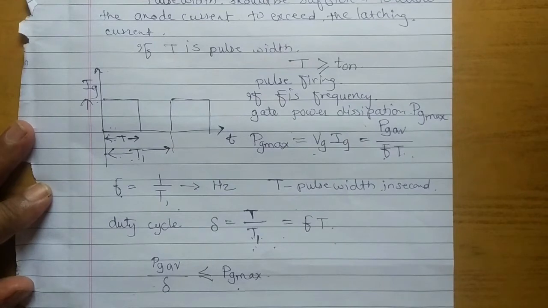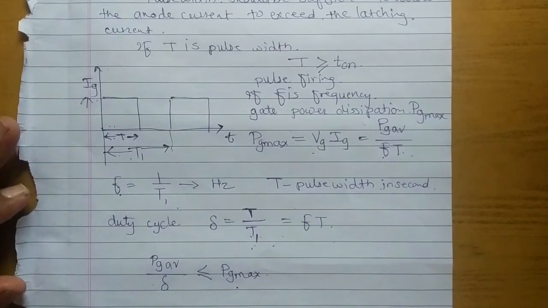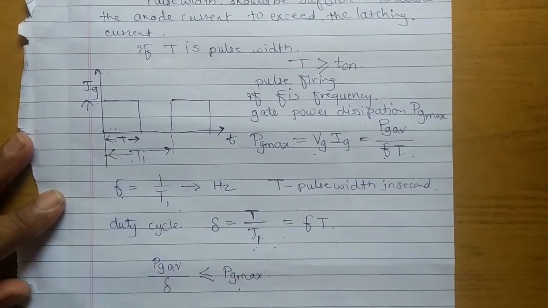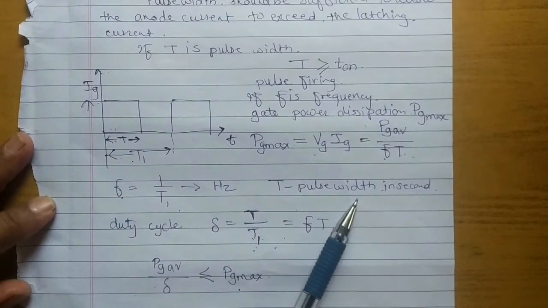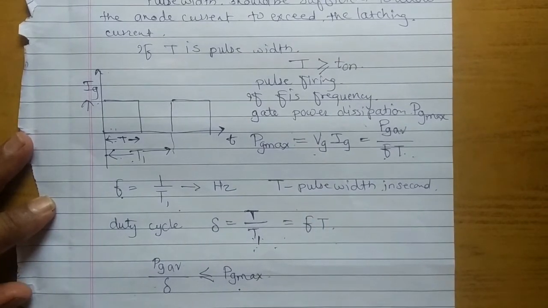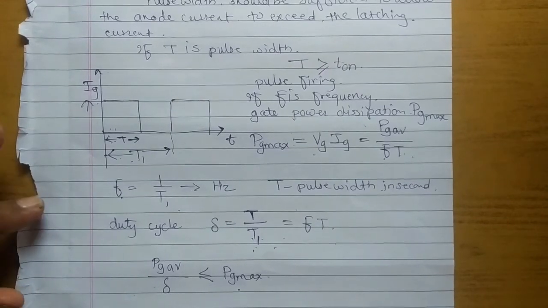So while designing the gate triggering circuit, we have to take into account the frequency, time period, pulse width, etc., and at the same time gate power dissipation also. Okay, so this is the requirement of our gate triggering circuit design.